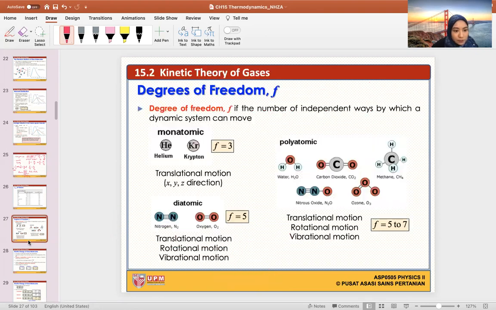And then we stopped here, degrees of freedom. So this is where our lecture actually starts. I introduced to you PV equals nRT and 3/2 kT, but I did not mention yet whether the gas was monatomic or diatomic.